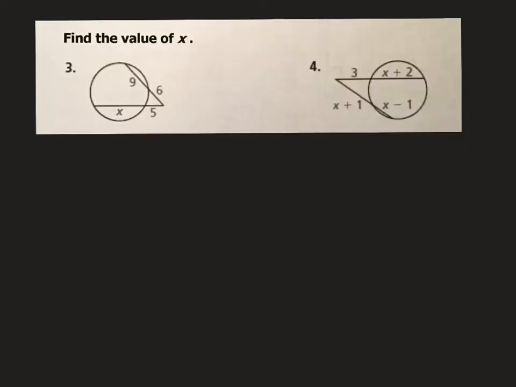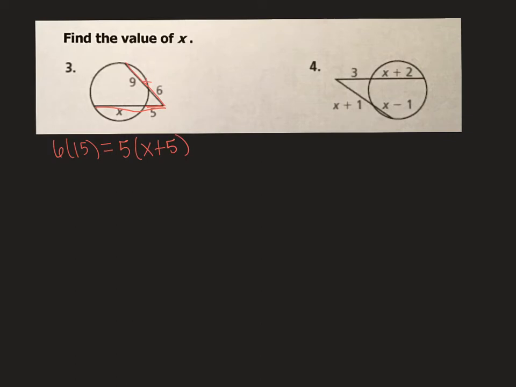So in number 3, we're solving for x. So the outside portion, 6, times the entire thing would be 9 plus 6, or 15, equals the outside portion of 5 times the entire segment, x plus 5.